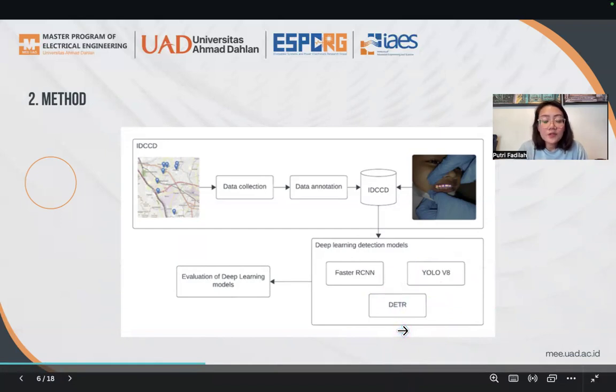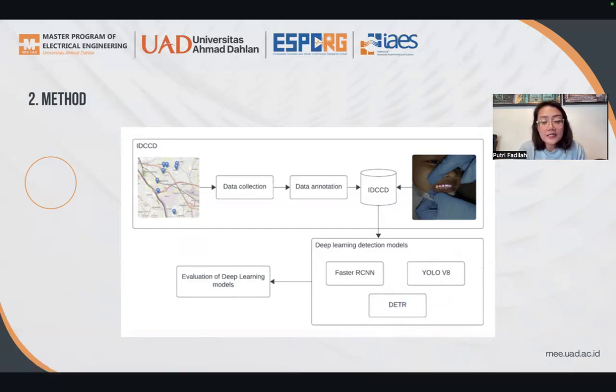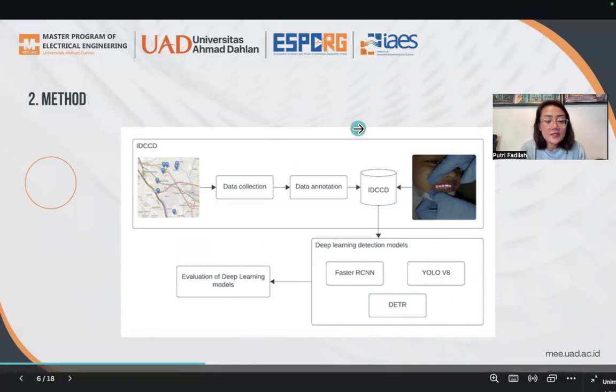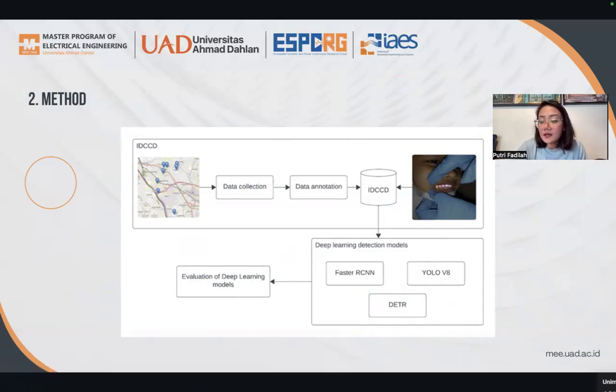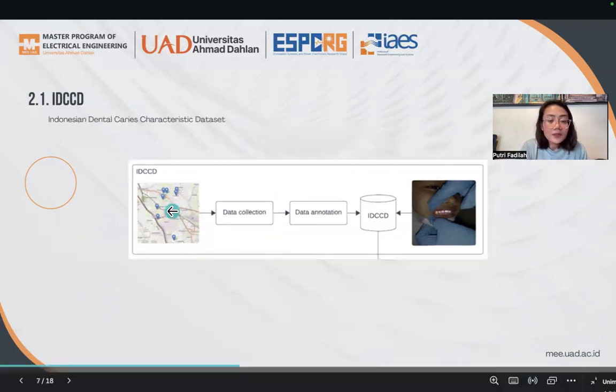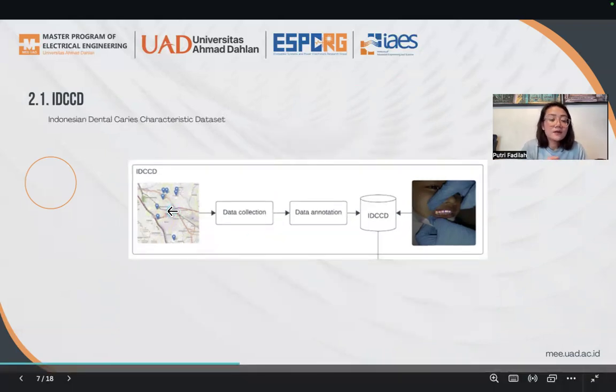The proposed method for automatic early caries detection is based on the development of an objective technique, and the proposed research is shown in this figure. After that, we built the IDCCD: first data collection, then data annotation.